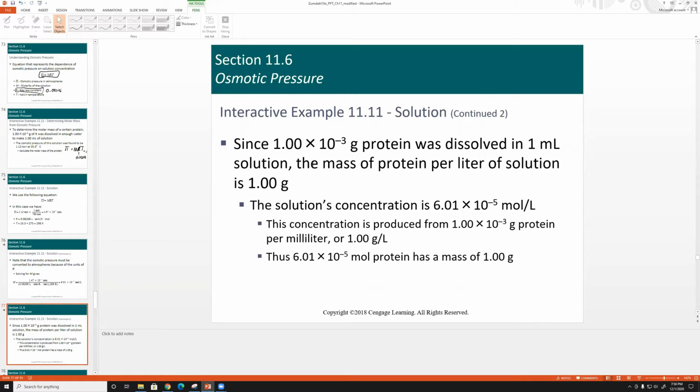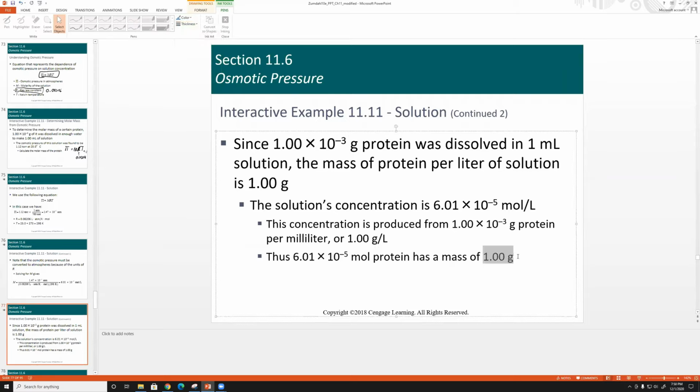Now we know, based on molarity, that 6.01 times 10 to the -5th, which is the molarity we found, moles per 1 liter, would equal 1 gram of the protein. So 1 gram of the protein is this many moles. What we do to find the grams per mole is we very simply divide.